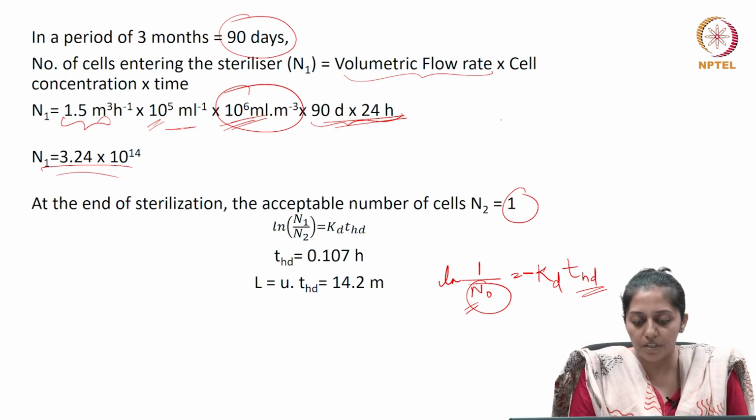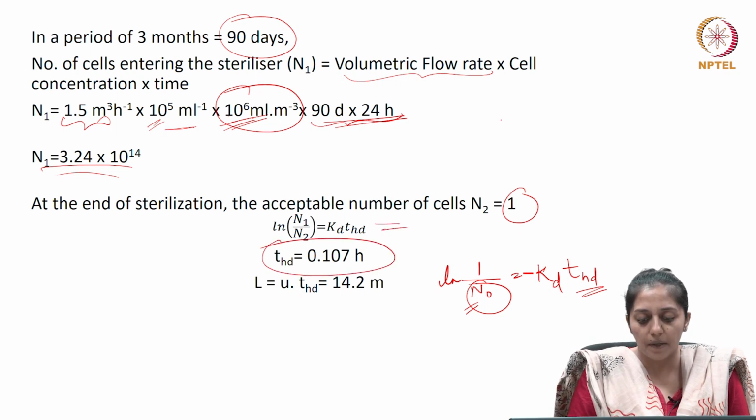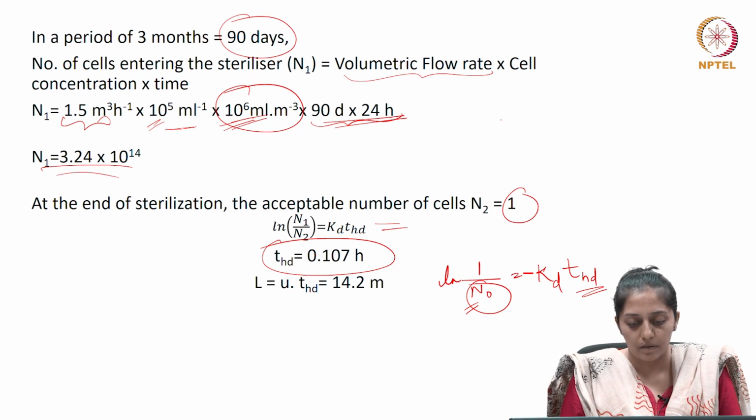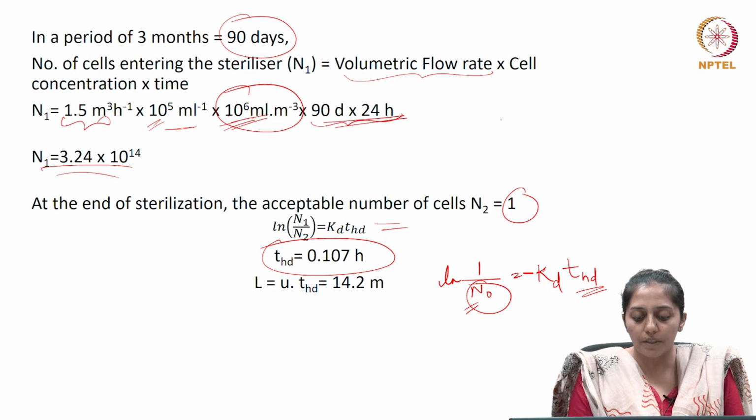So at the end, we can find the time of sterilization required by the first order degradation kinetics. Now if the time of sterilization is known, in the holding section of the continuous sterilizer this time is related to the length of the holding section by the linear velocity.